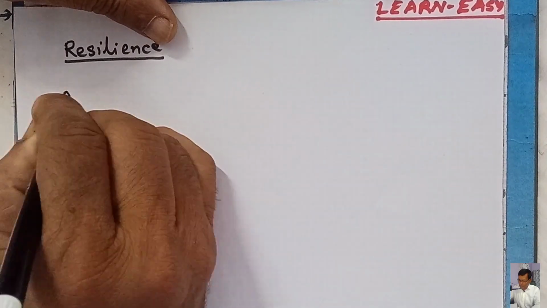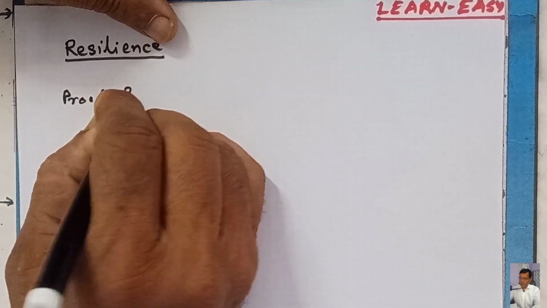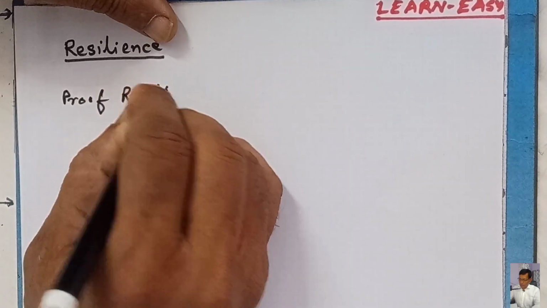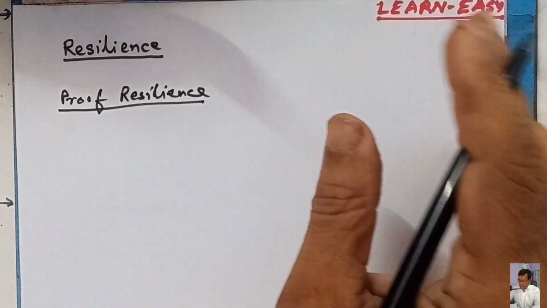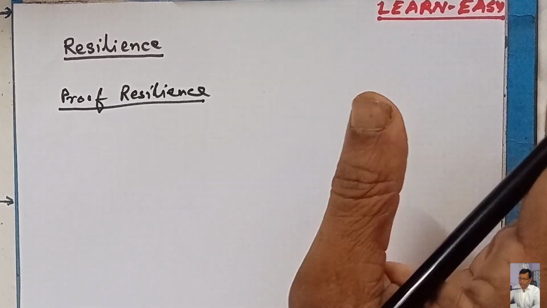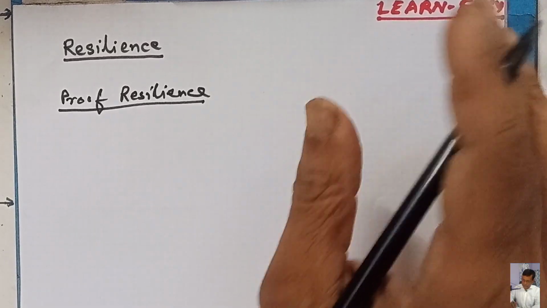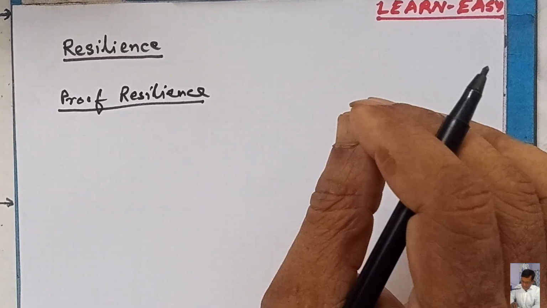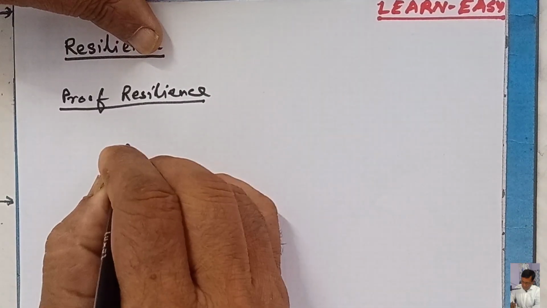And proof resilience is the maximum amount of strain energy a material can absorb without undergoing permanent deformation. That is proof resilience.